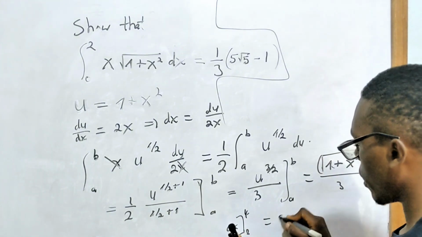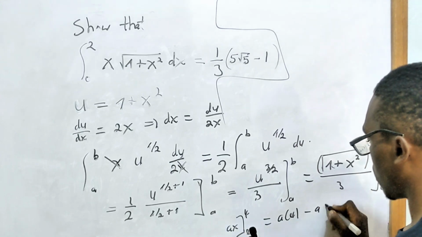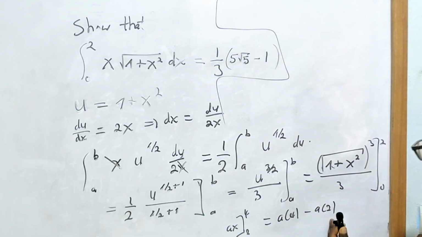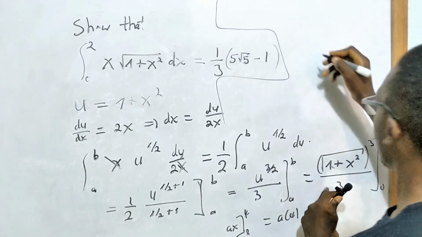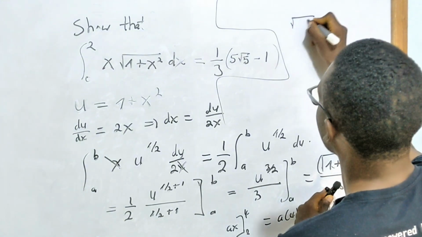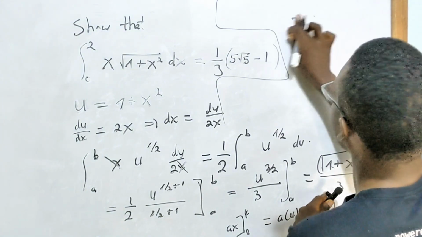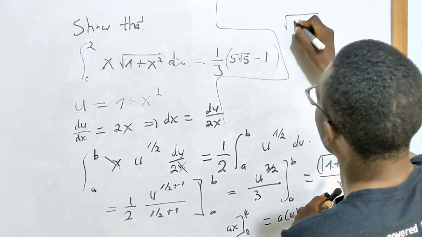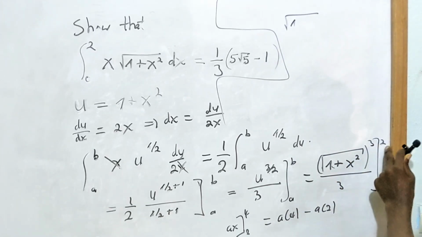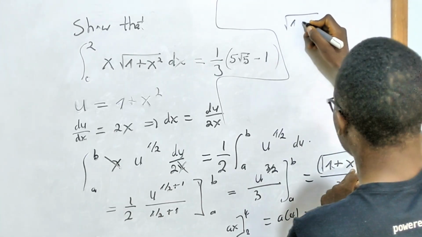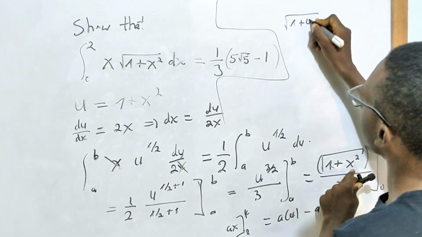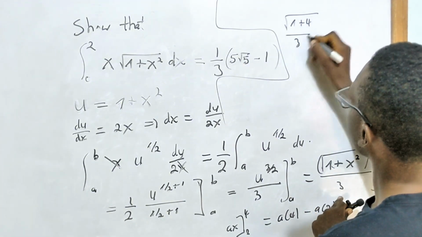That will be the value at 2 minus the value at 0. The square root of 1 plus x squared, where x is 2: 1 plus 2 squared, that is 1 plus 4, all cubed over 3.